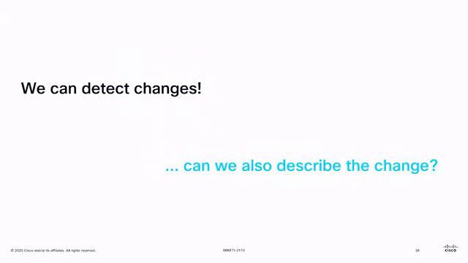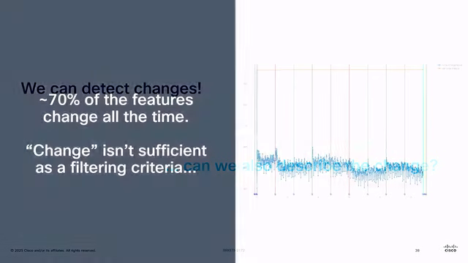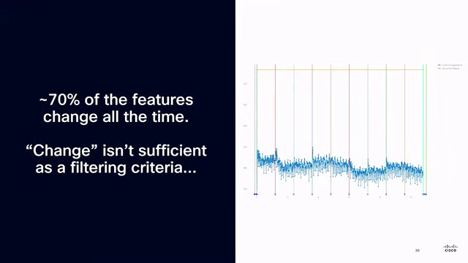Can we also describe the changes? So maybe you say, Frank, how about we look at what changes at a particular change point? So just extract the counters that change at that particular point in time. Intuitively, great idea.